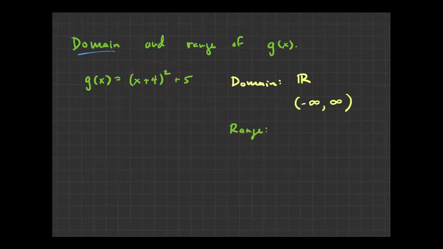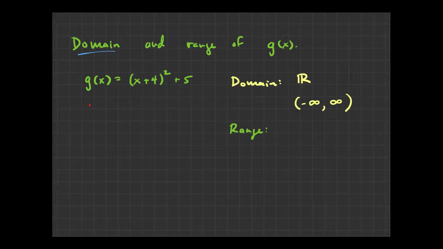If x was -5, for example, this would become -1, but then I would square it to become +1. So the smallest thing I can get out of this square is 0. But then whatever I get, I'm going to add 5 to it. So the smallest number I could possibly get is 5, and that happens exactly when x is equal to -4.